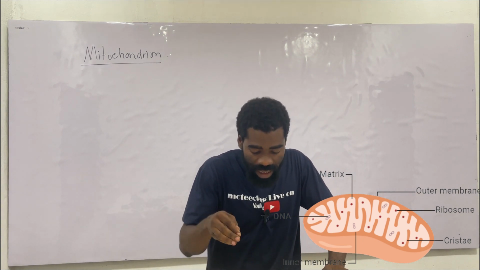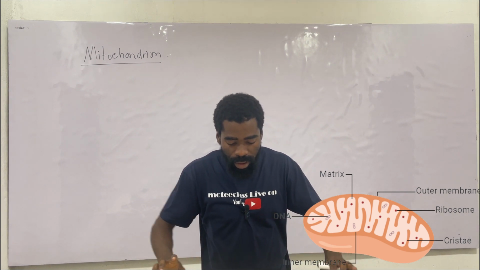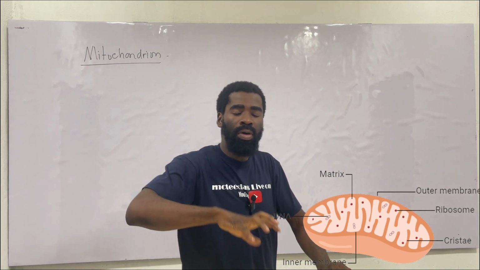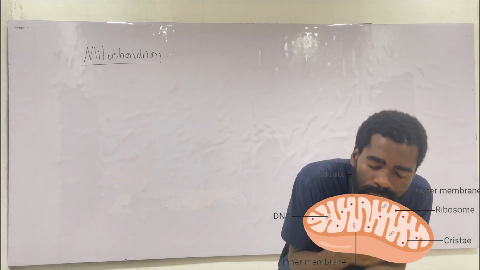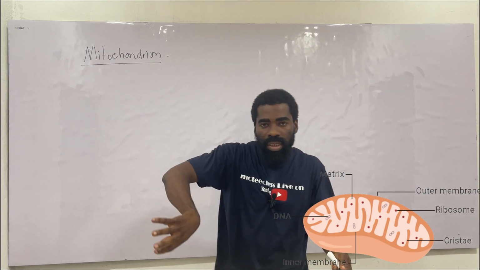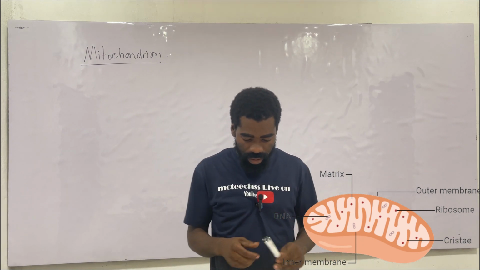In fact, this occurs in the mitochondria. So the mitochondria is a sausage-shaped organelle which provides the cell with energy. Because it's giving the cell energy, it is referred to as the powerhouse of the cell. Why the powerhouse? Because it is the one that gives energy to the cell.